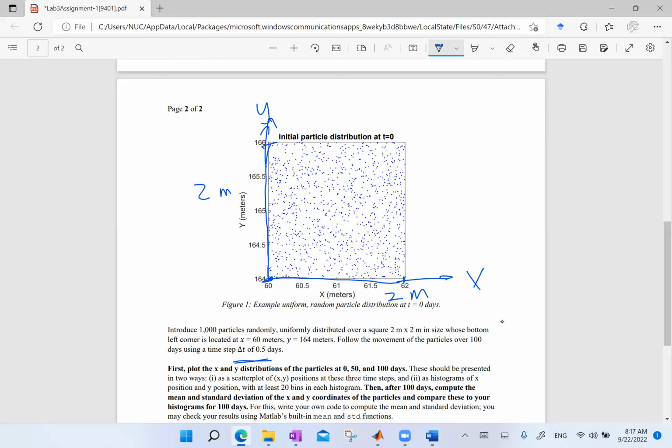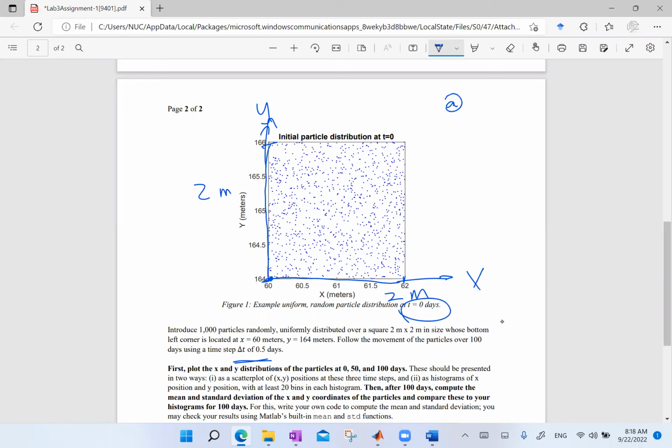Now, you might have a question: could the particle move outside of the space? That's a certain possibility, but in this case, we don't really consider that. We just want to look at, after 50 days, where are those particles? What's the X position of those particles? This is at t equals 0.